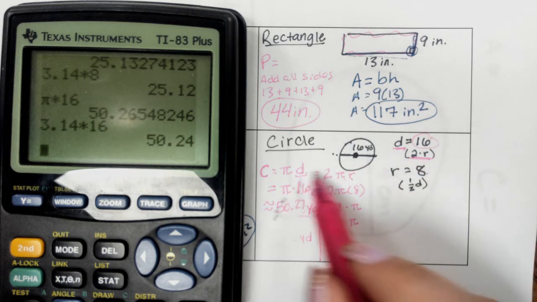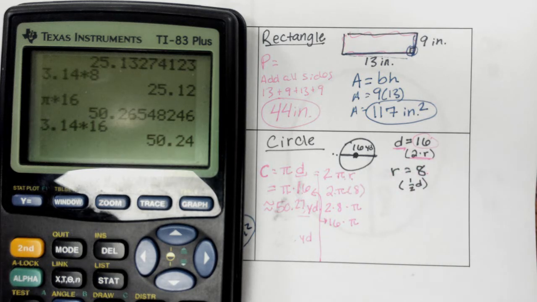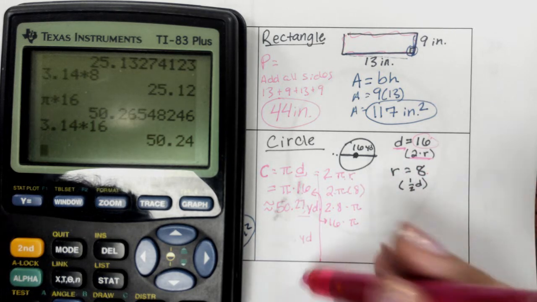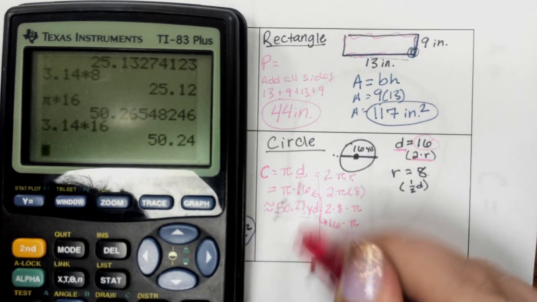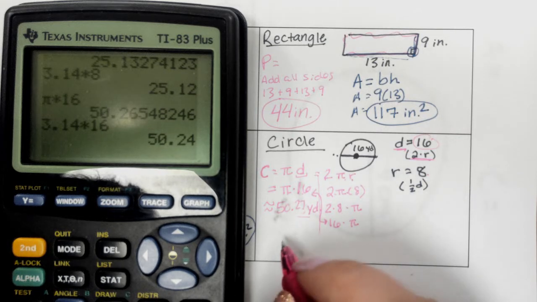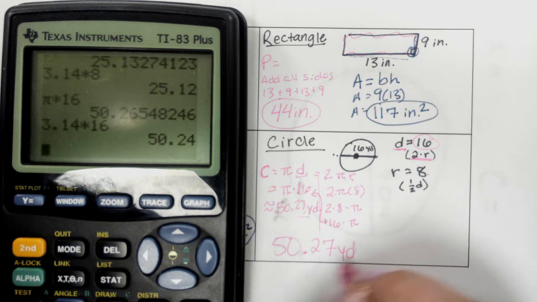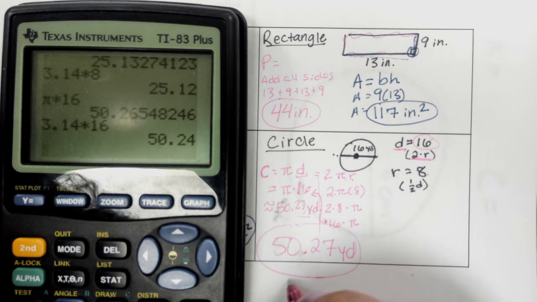So these really are the same formula. It just depends on which one you're more comfortable with using. So either way, your perimeter is roughly 50.27, or circumference, sorry.